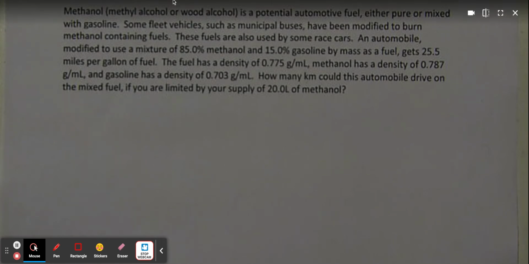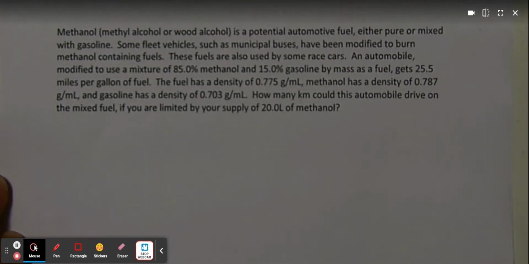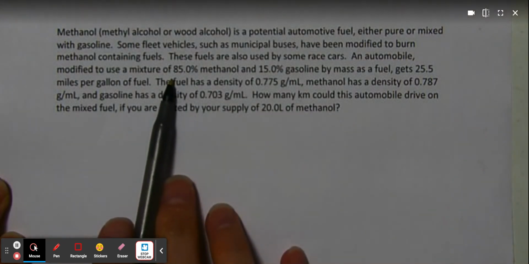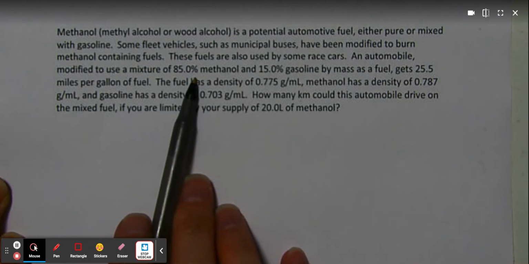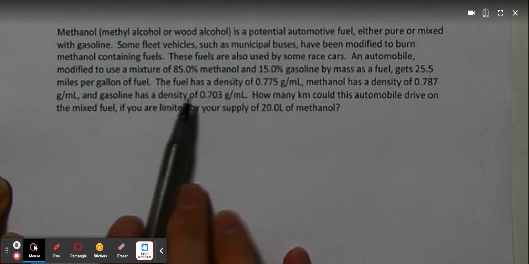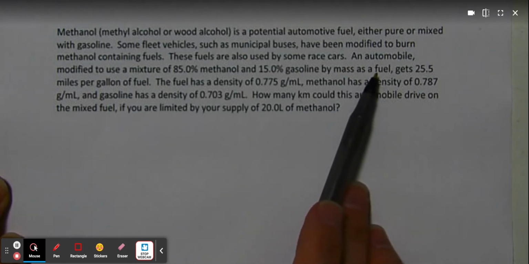Let's go ahead and do this. They're giving us that this fuel is 85.0 percent methanol, and this is by mass.